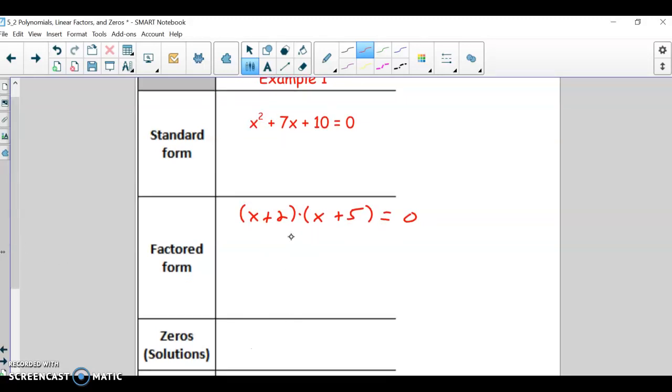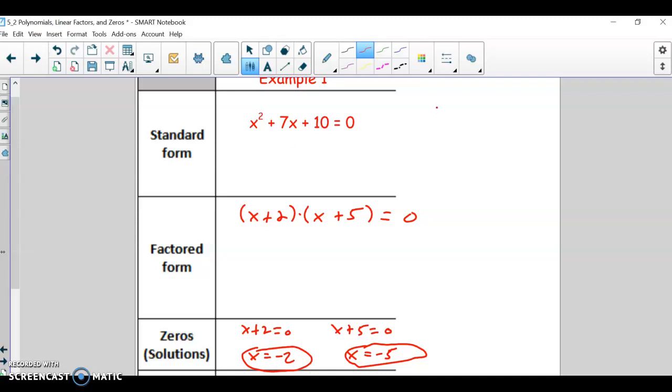Use that zero product property, where if these two things multiply to 0, then either the first part has to be a 0, or the second part has to be a 0. And then you just minus 2. That's one 0, or solution. And then there's a second 0 or solution called negative 5. All right, so those are the solutions or zeros of this polynomial.